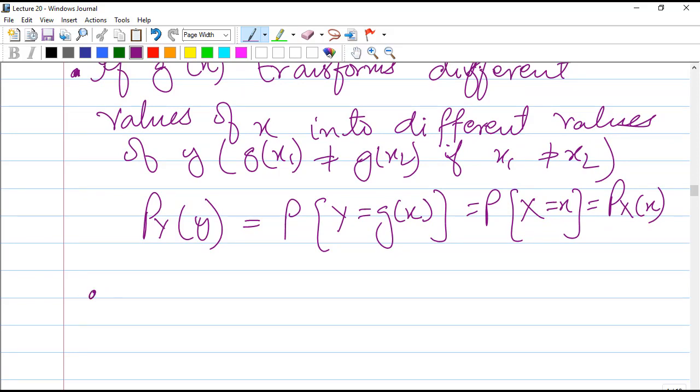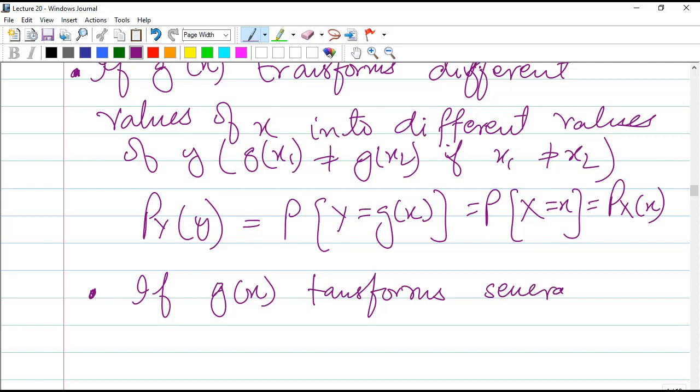The next situation is if g of x transforms several values of x to the same y.